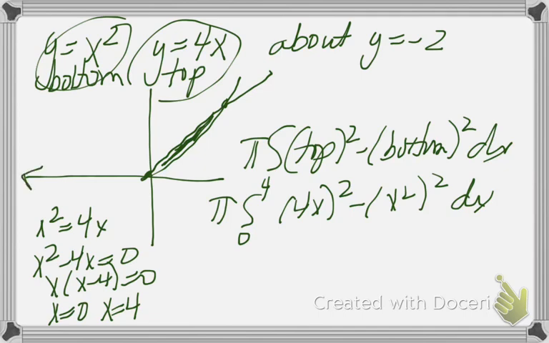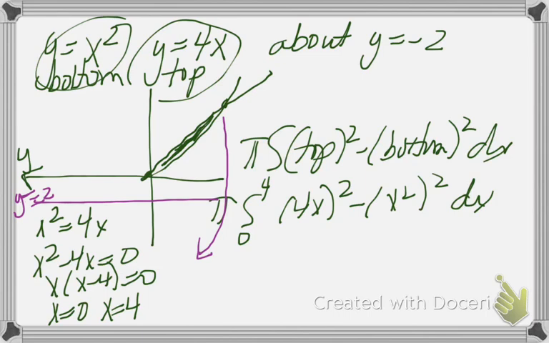It's not revolving around the y-axis. So y equals -2 would be somewhere down here, so it's revolving around this way. There's going to be a hole in the middle of all this, but it's revolving around the line y equals -2 and not the axes.